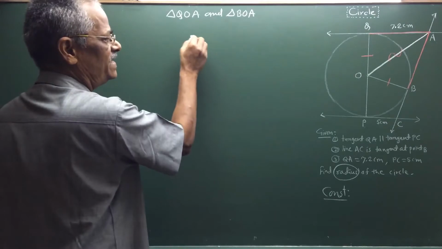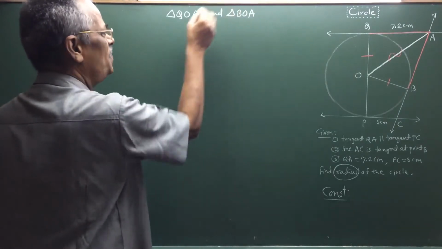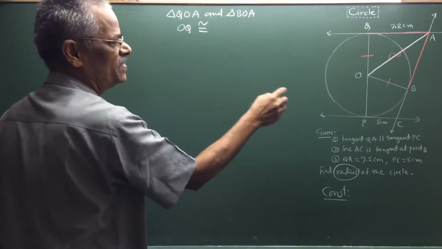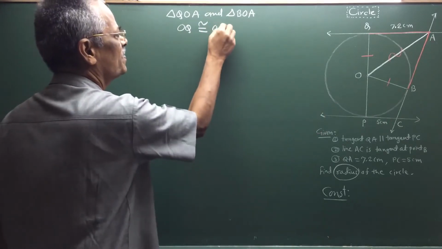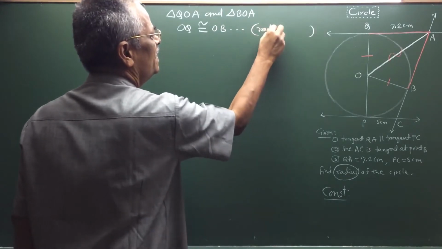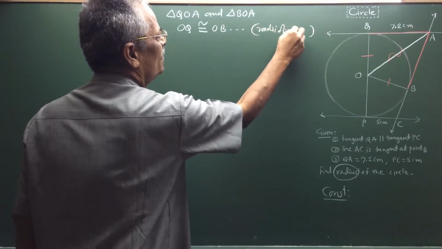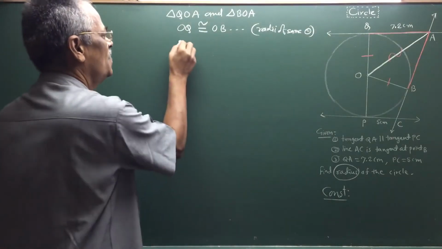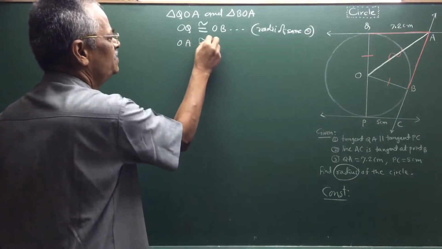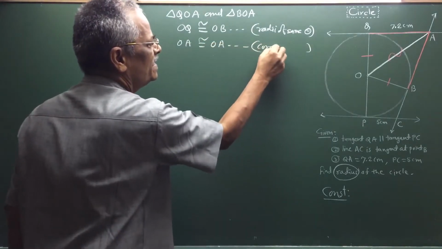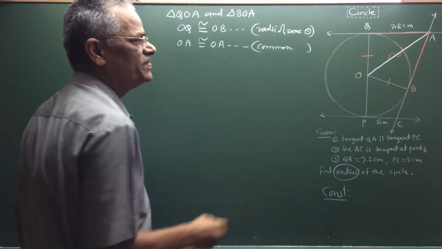We can write OQ is congruent with OB, radii of the same circle. OA is congruent with OA, and you can write the reason there: common.